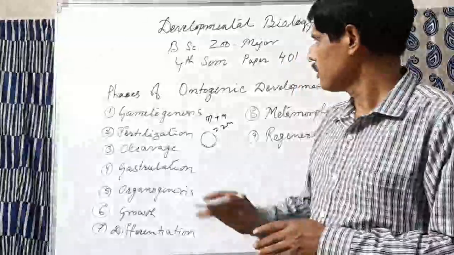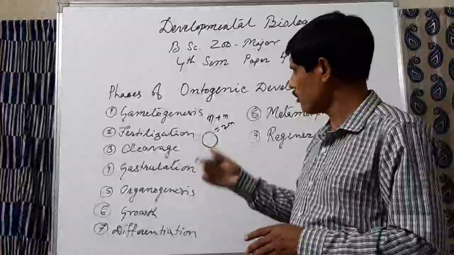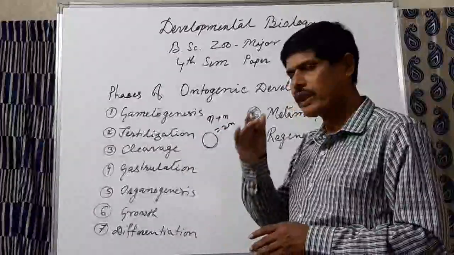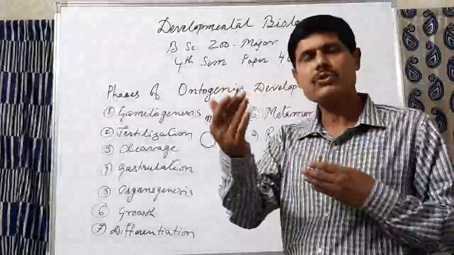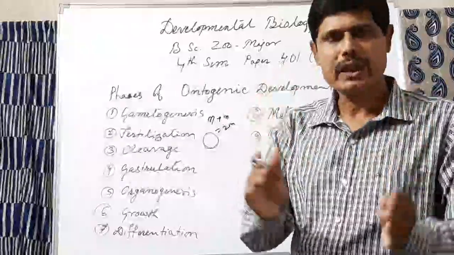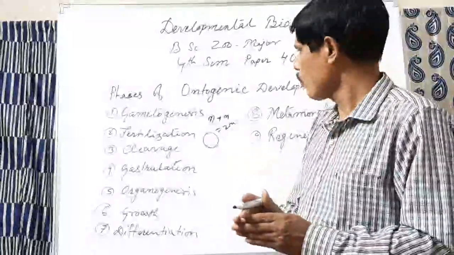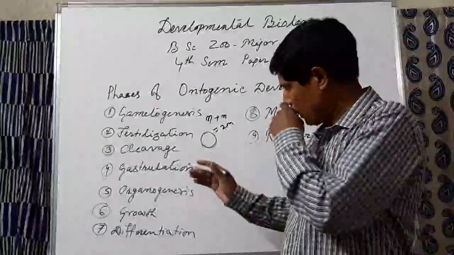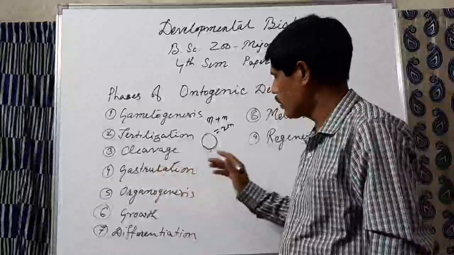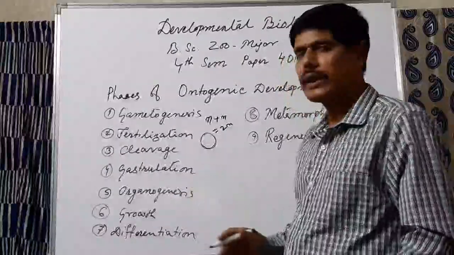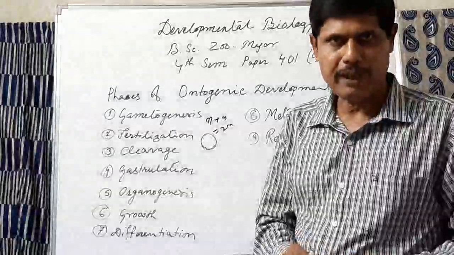That is why the migration of the cells to their future presumptive cell site or organ site occurs through the process of gastrulation, which is also called morphogenetic movement.